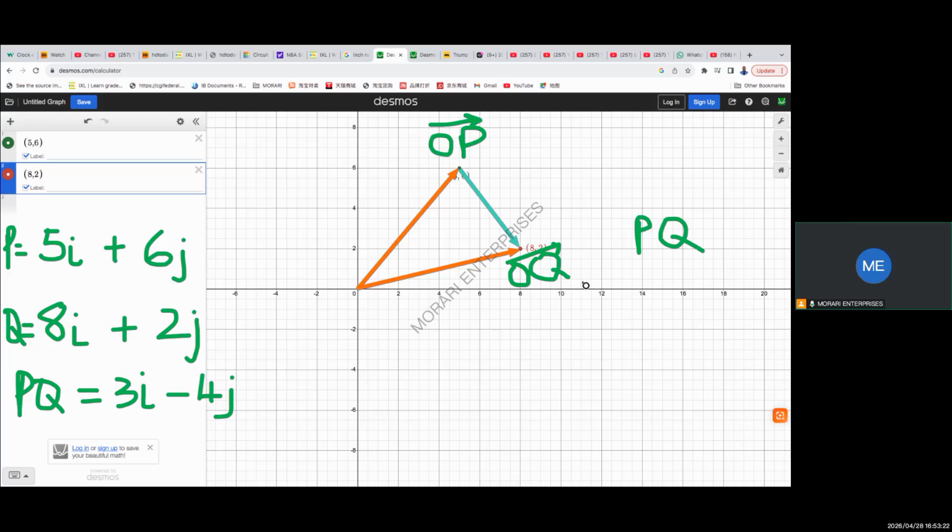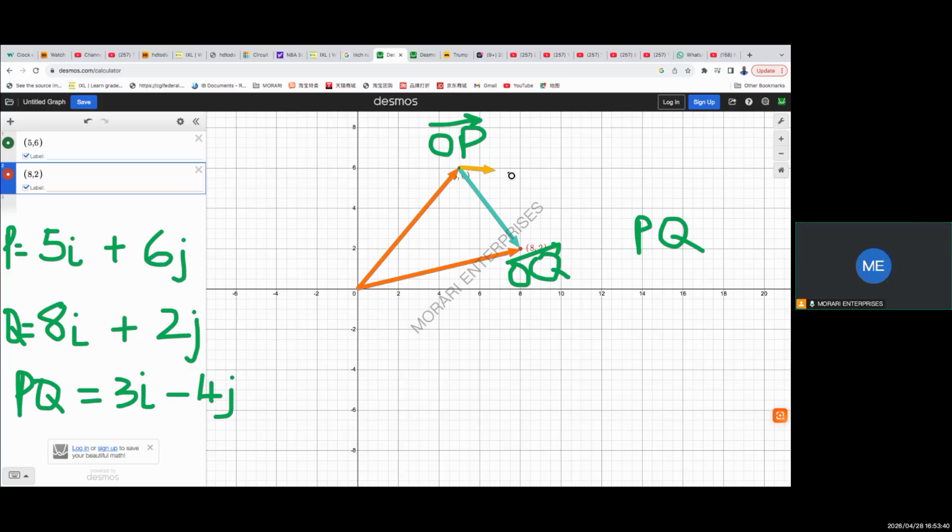but you say, sir, how do we label this type of vector? You see the way this vector is? This is what you should do. This vector, as you see it, completes a right angle triangle.